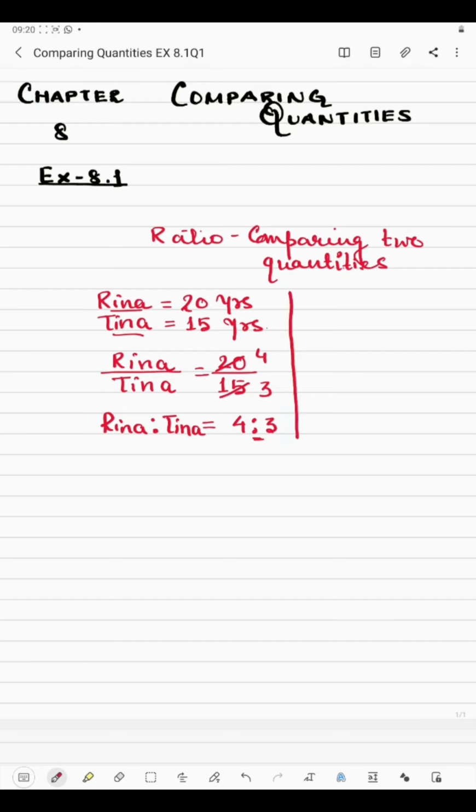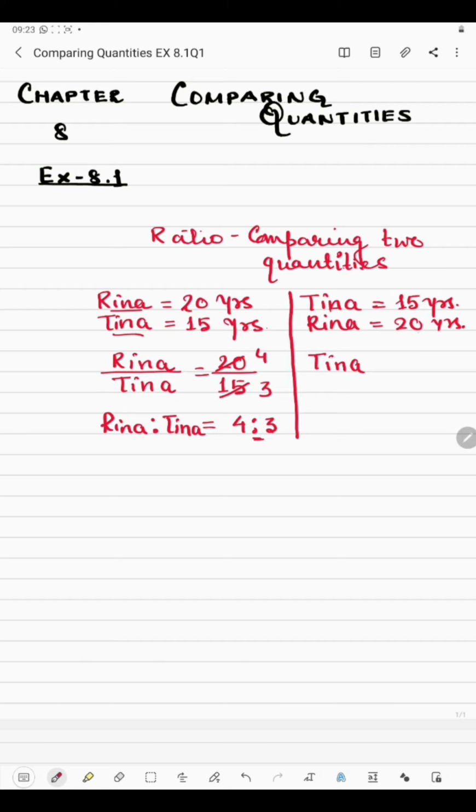Now suppose in this sum, Tina's age is given at first, Tina's age is 15 years and Reena's age is 20 years, and you have to find the ratio of Tina's age to Reena's age. So we have to maintain sequence here.